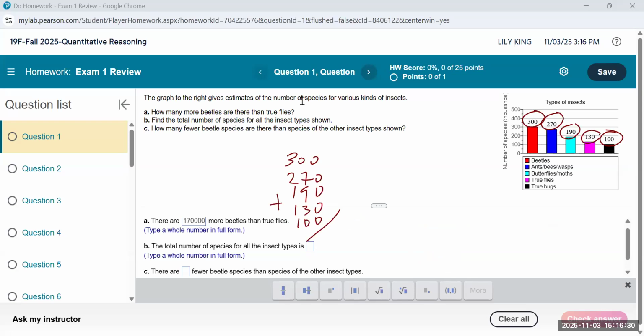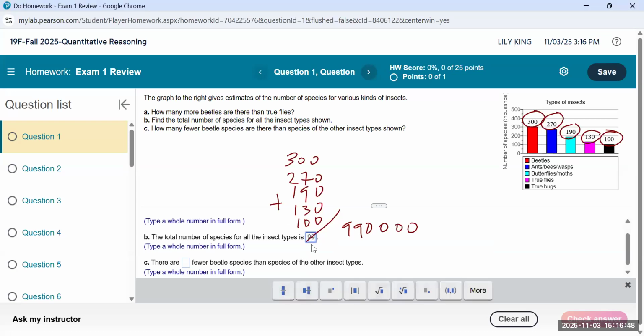And that gives a total of 990. And remember, because it is in thousands, when you are typing this in, you have to add your 3 zeros.